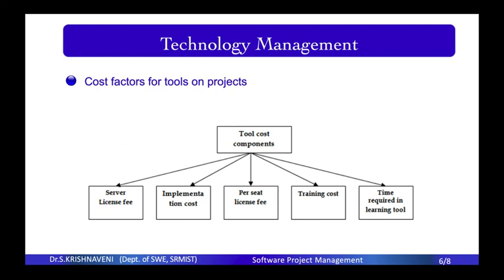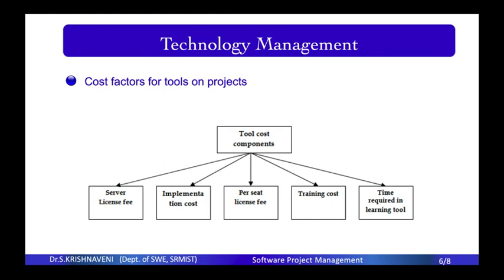Next one is the implementation cost. If some tools are very large, they need to be implemented, and there could be an implementation cost. If the implementation cost is high, that tool may not be beneficial, so you need to find other tools which have a lesser implementation cost.